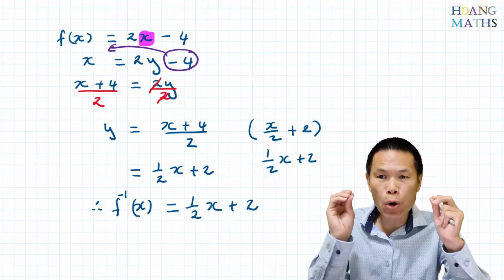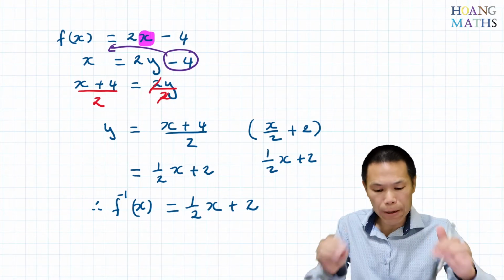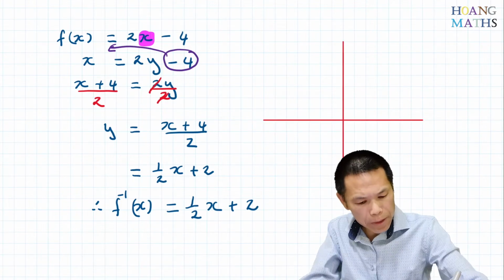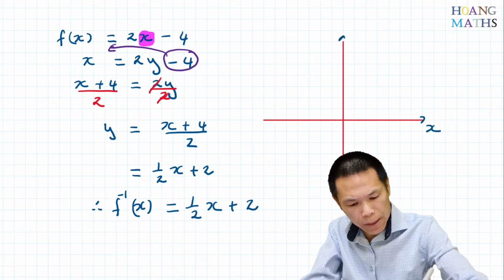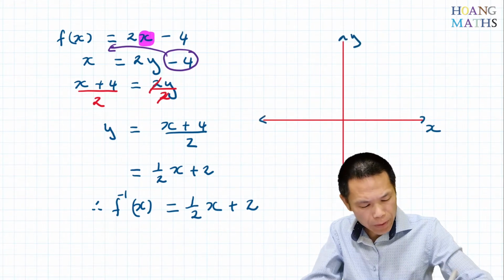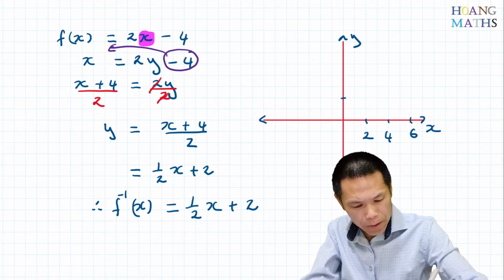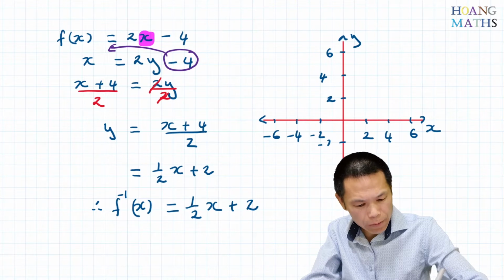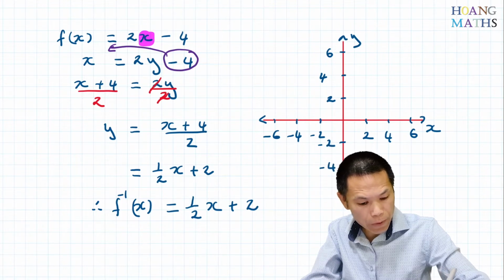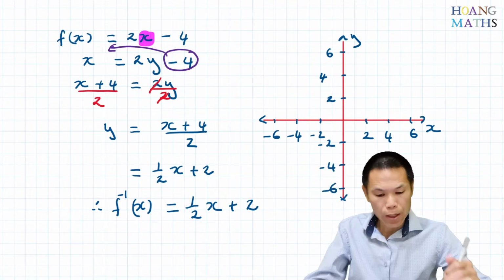So let's sketch both the inverse and the function. Let me label the x-axis first, and this is y. 2, 4, 6, and -2, -4, -6 on each axis.